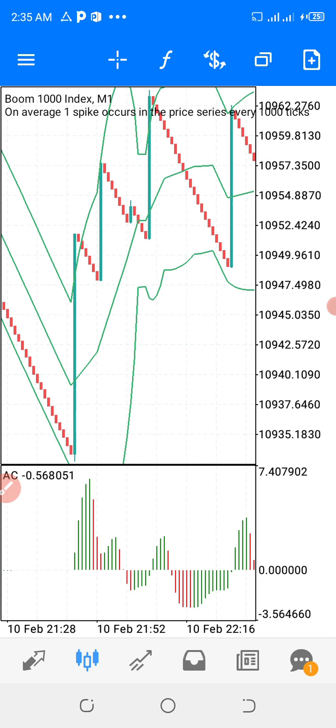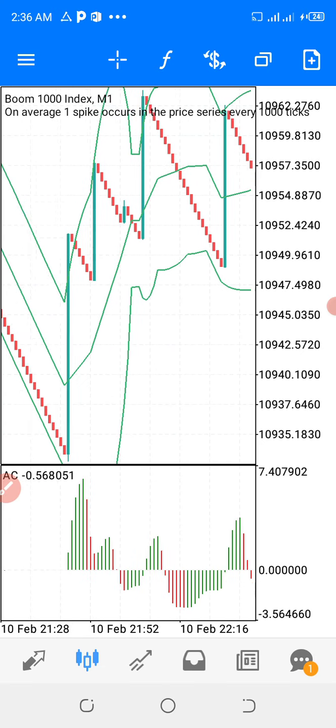So when this spike crosses down the lower line of the Bollinger Band, yes, you can place your buy trade there. Make sure you follow the steps like we did here on Boom 1000 Index. Crash 1000 is opposite to what we've talked about.